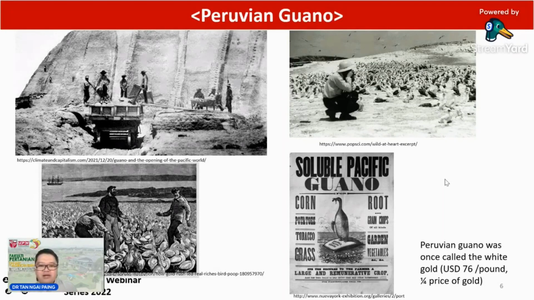As a matter of fact, if you look at this old poster over here, it advertises soluble Pacific guano for corn, potatoes, tobacco. Peruvian guano was even once called white gold, at $76 per pound back in the late 19th century, which was a quarter of the price of gold back then.